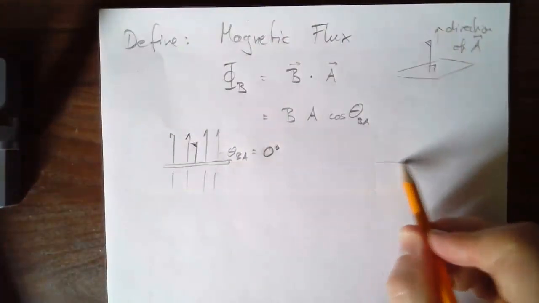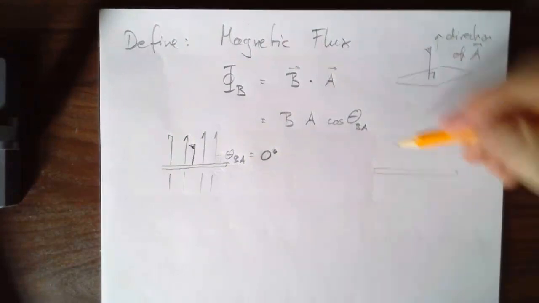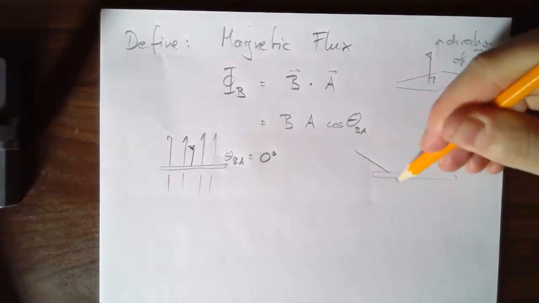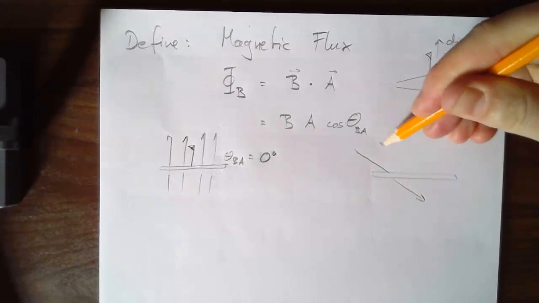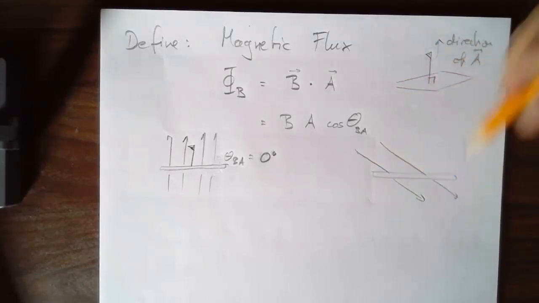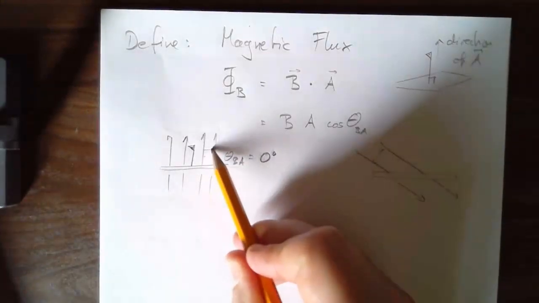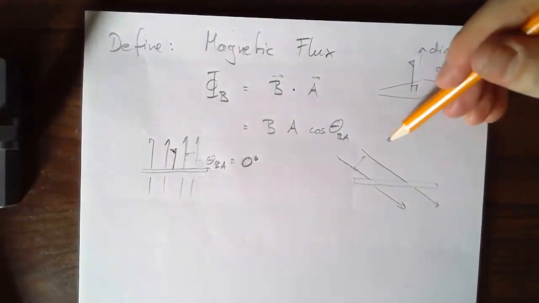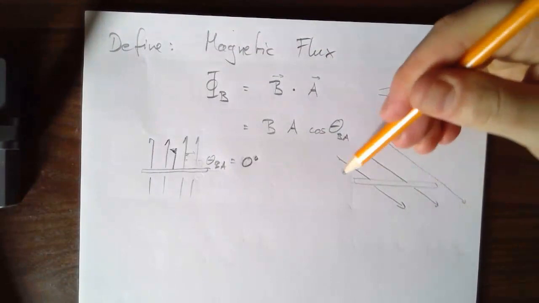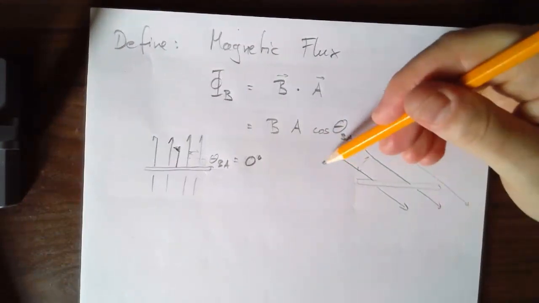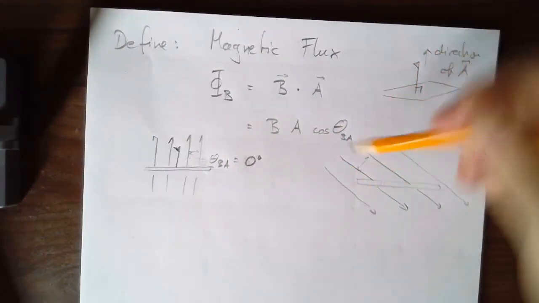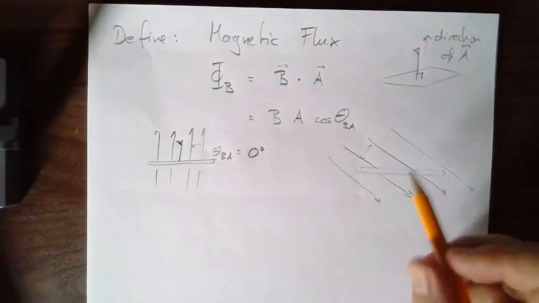Whereas in a case like this, when those field lines are equally far apart, like this spacing is the same as this spacing here, it's just impossible to have the same number of field lines go through the area, even if the area is the same size, because of the angle.